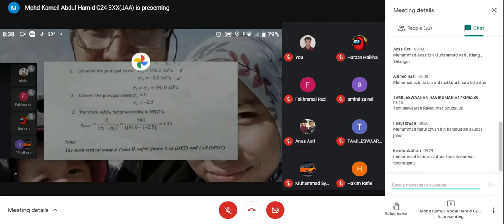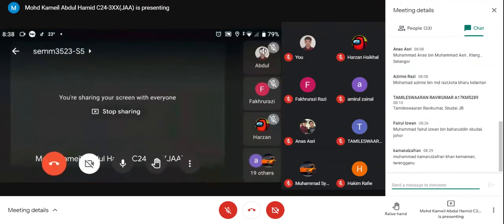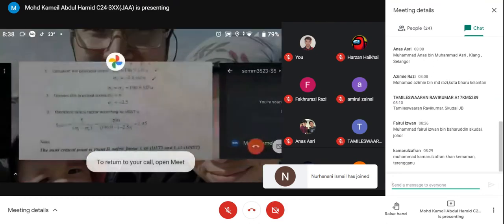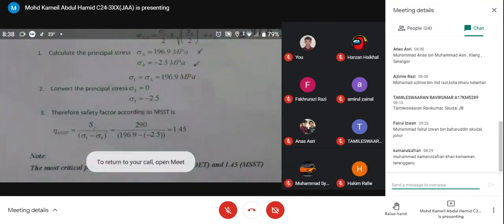So you should be able to tell that point B is the critical point, because its safety factor is small. The one with a bigger safety factor is safer.